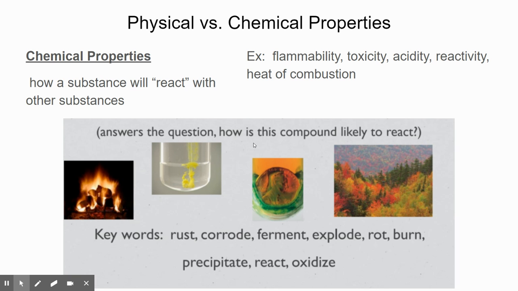Will it catch on fire? Is it toxic? Can you eat it? Will it cause harm? Acidity, will it react with a base? Will it corrode something? Reactivity, will it react with other things? It basically answers the question, how is this compound likely to react?